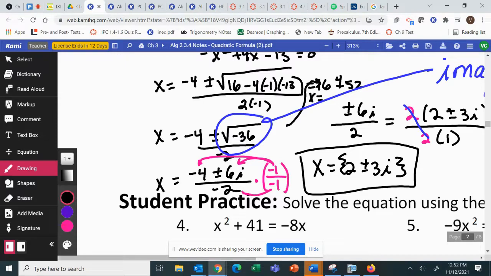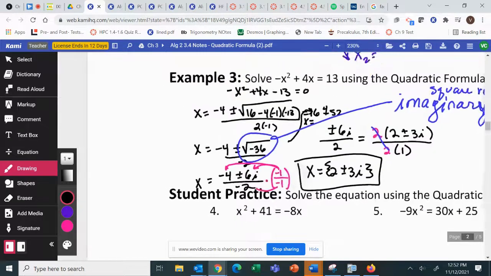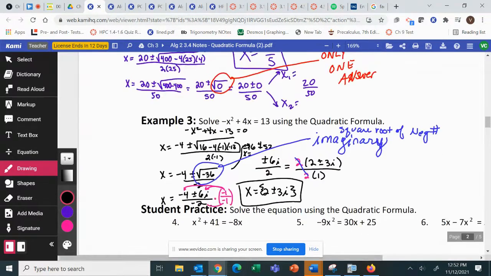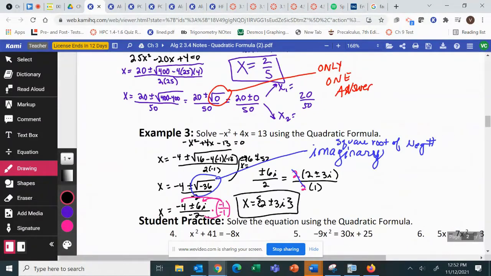Why are there 2 imaginary solutions? Because of the plus or minus. Why is there only 1 answer for the previous question? There's a plus and minus in the previous example, but we're adding and subtracting 0, which changes nothing. So going back to my question, how can I get 1 imaginary solution? No, because that's 1 real. If you're adding or subtracting 0, that's 1 real answer.